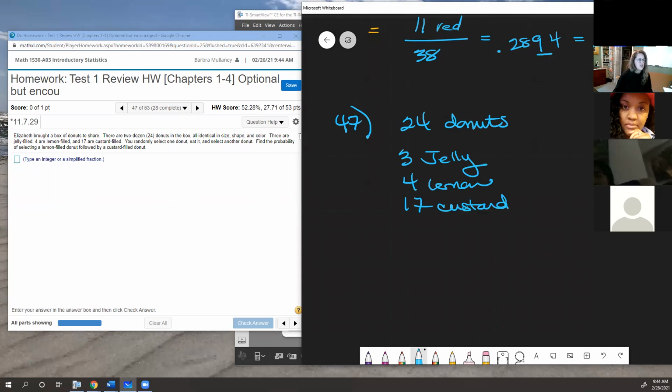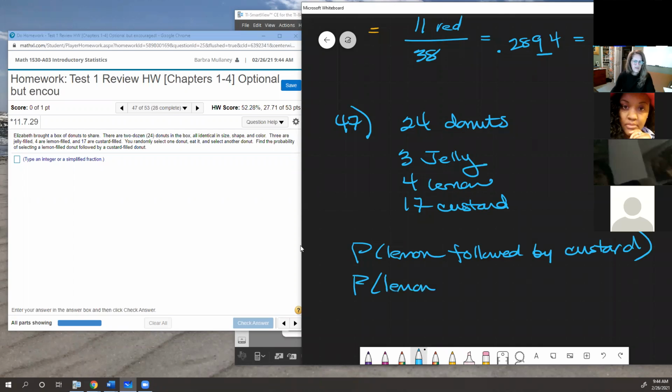And you randomly select a donut, eat it, select another donut. So there's no replacement. Find the probability of selecting a lemon-filled donut followed by a custard donut. Now this is not a given because it says followed by. What this implies is the probability of a lemon and then a custard.